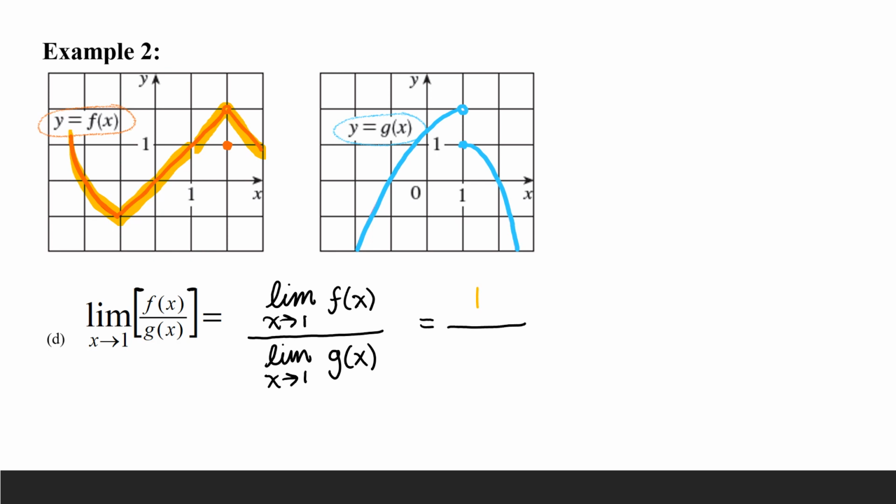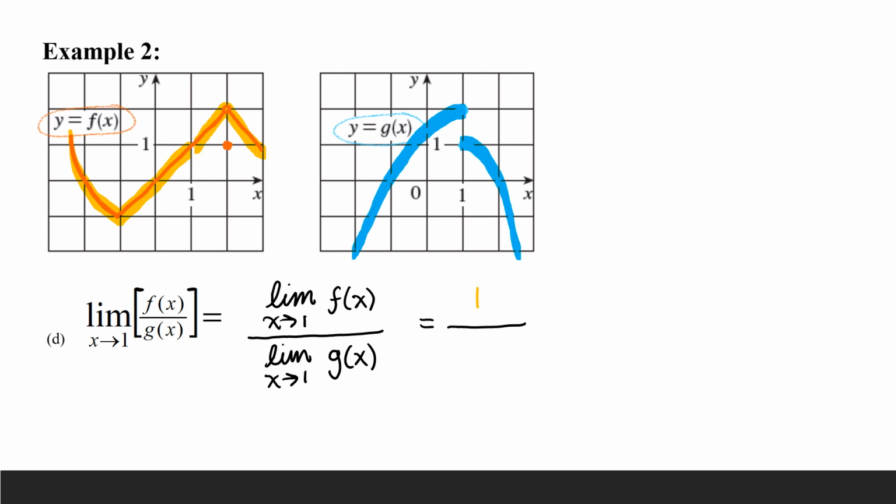And then we need to take the limit as x approaches 1 of g of x. So looking at our right hand limit, it appears that as x approaches 1, g of x approaches 1. And for our left hand limit, as x approaches 1, g of x approaches 2. Oh no!